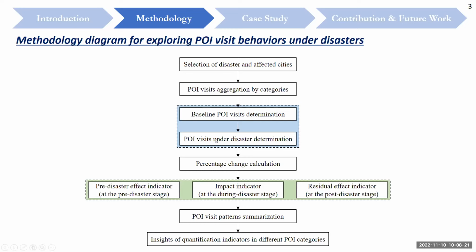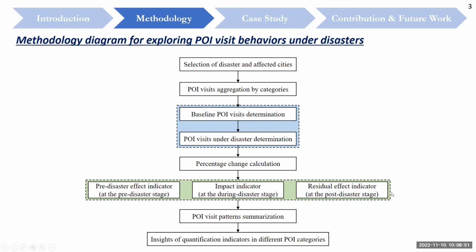And then we also calculate the POI visit under the influence of the disaster we're examining. Comparing these two, we can calculate the percentage change of POI visit in a specific geographic area and a specific sector. Since we look at different phases of disaster, we calculate a pre-disaster effect indicator associated with the pre-disaster stage, an impact indicator associated with the during-disaster stage, and a residual effect indicator associated with the post-disaster stage.